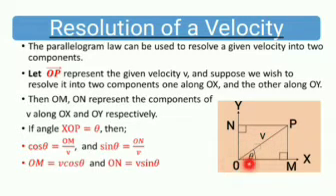So we can use the knowledge of a right angle triangle. Cos theta is adjacent over hypotenuse. Here OM is the adjacent and OP is the hypotenuse. That is the reason why cos theta is equal to OM over phi.